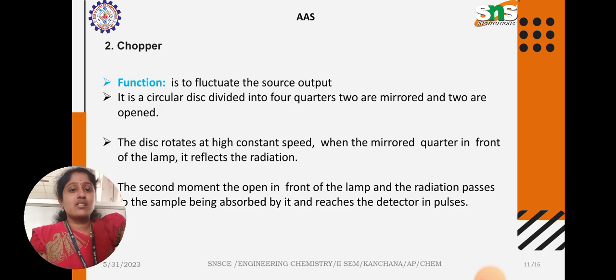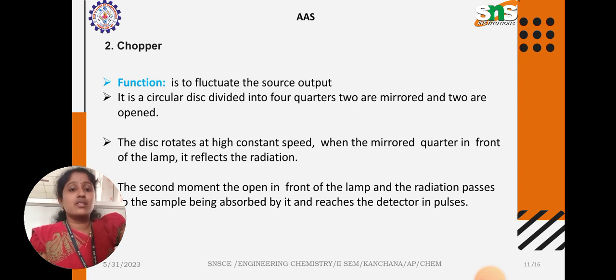Chopper. Its function is to fluctuate the source output. It is circular, divided into 4 quarters. 2 are mirror and 2 are open. The disc rotates at high constant speed. When the mirror quarter is in front of the lamp, it reflects the radiation.